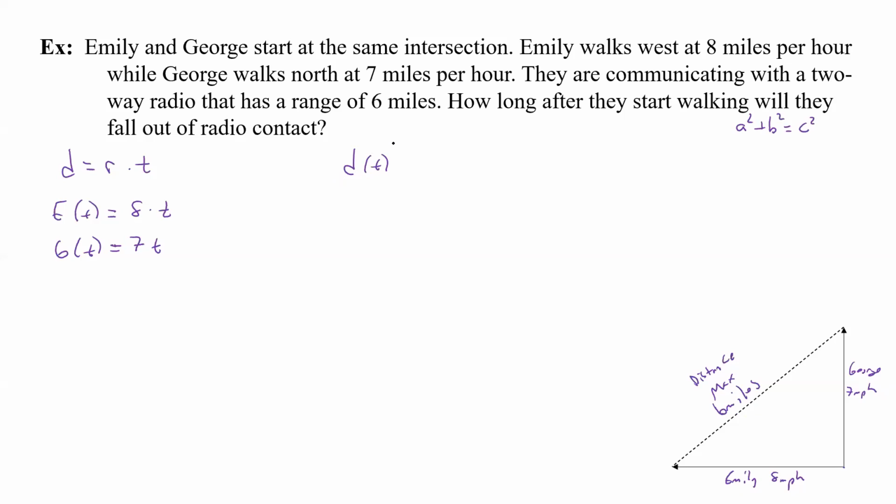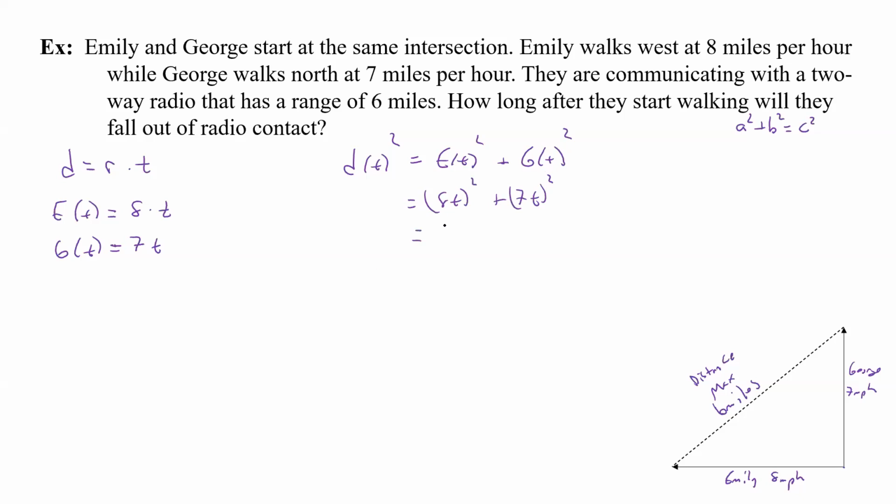So d of t squared is equal to Emily's e of t squared plus George's g of t squared, okay? Well, Emily's e of t is 8t, squared, plus this is going to be 7t squared.